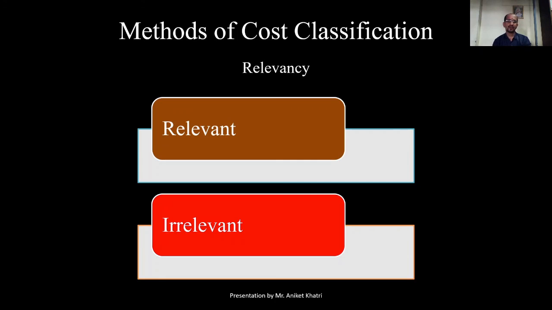Sunk cost means the cost which you have already incurred, a past cost. These costs come under irrelevant cost because they are past costs. They will not have an impact on the decisions you are going to take in the near future or at present. So these costs are called irrelevant cost.